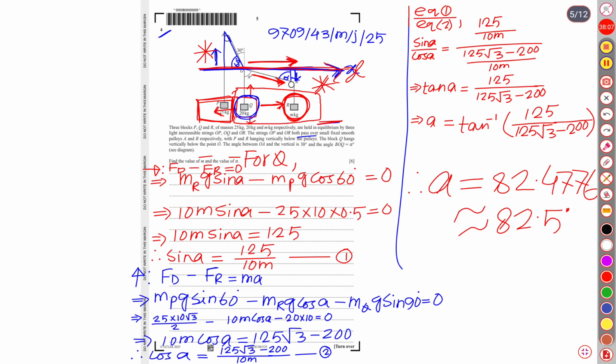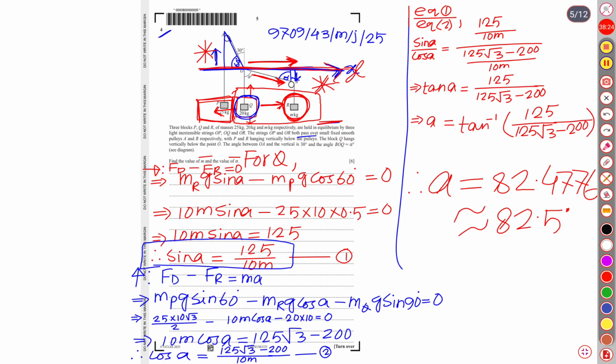Well, then the next value is m. Any of the equations can be picked up. If we pick up this equation, the first equation was 125 over sine alpha is equal to 125 over 10m.